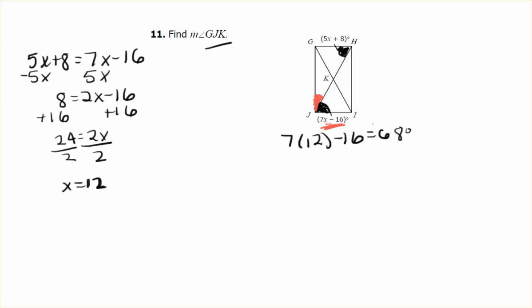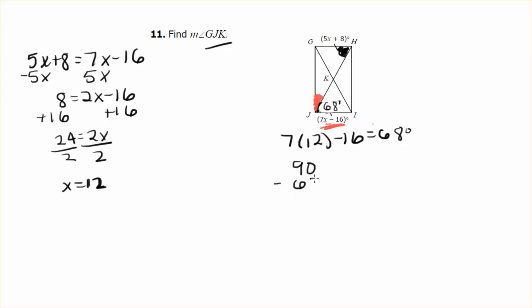Let me get the eraser. So this is 68 degrees. So remember, the angles of a rectangle are 90 degrees. So if this one is 68, to figure out that light red angle, whatever color you want to call it, I want to subtract it from 90.